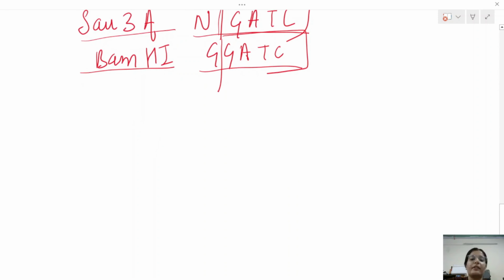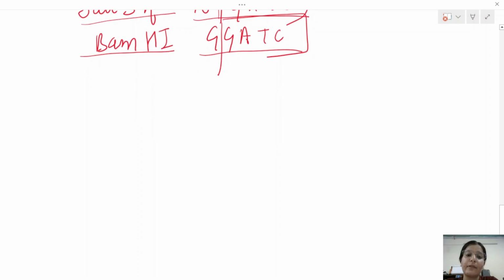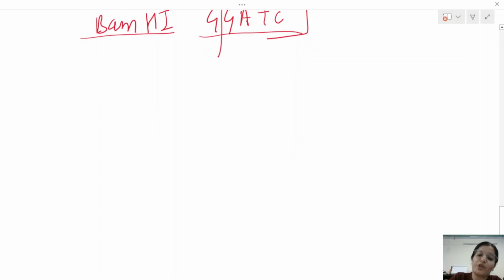Another question: the restriction enzyme is a bacterial enzyme, so why doesn't the bacteria degrade itself? The answer is that bacteria protect their DNA by modifying their own recognition sequence. How do they modify? They add a methyl group. Here are some of the positions of methylation.